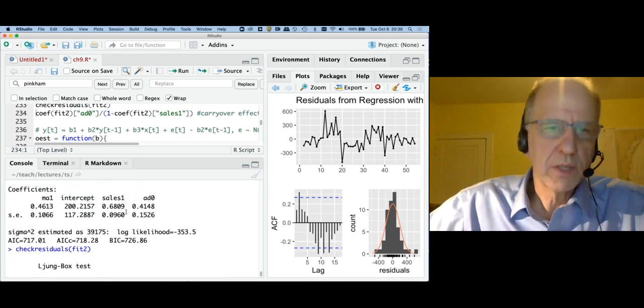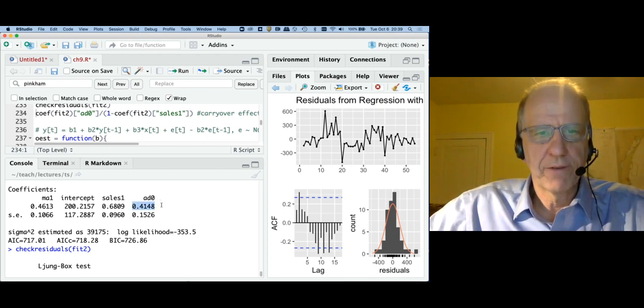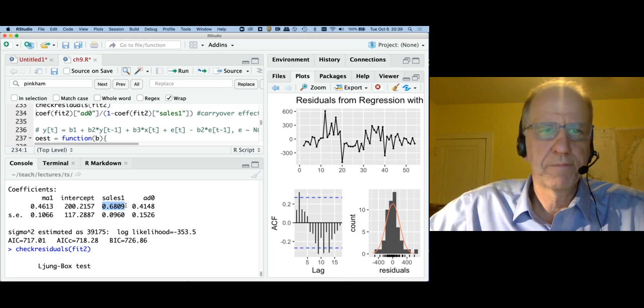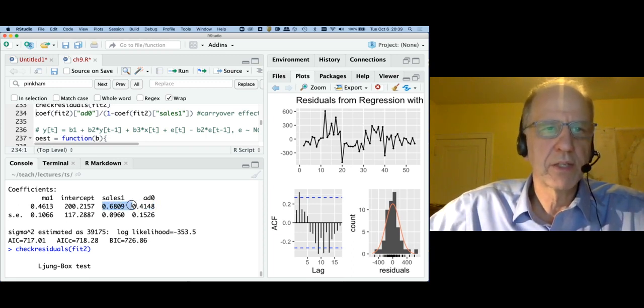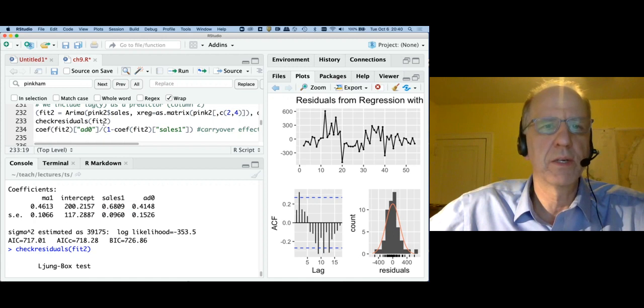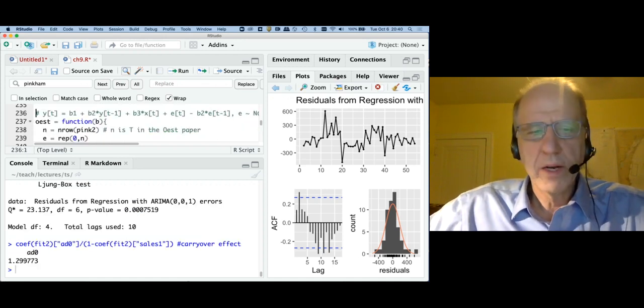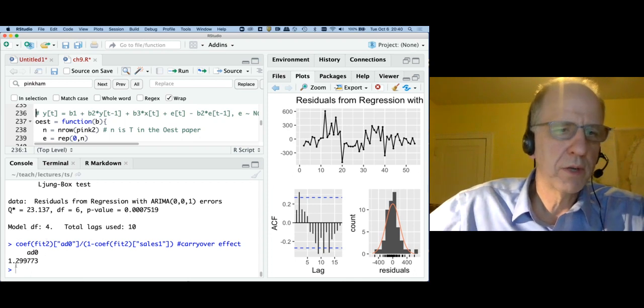And so what we'll see is that here's my advertising effect. This is the sales effect. And so if I take advertising divided by 1 minus sales, so that's what I've done up here, advertising divided by 1 minus sales, we end up with a carryover effect. Let's call this 1.30.